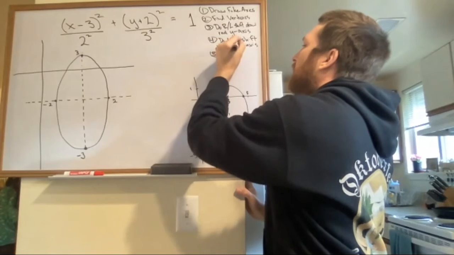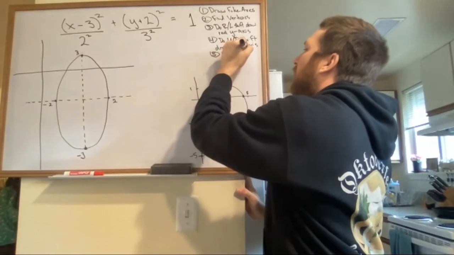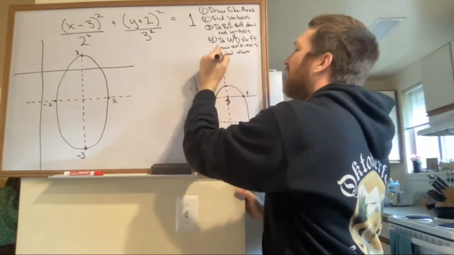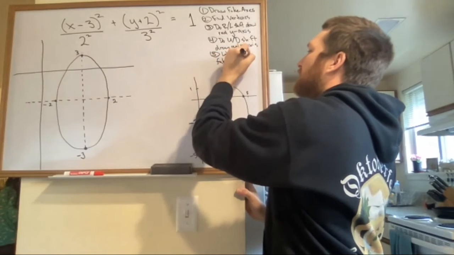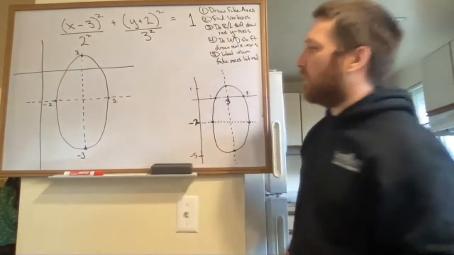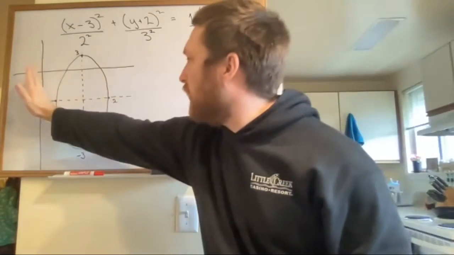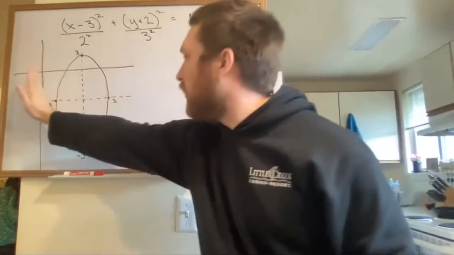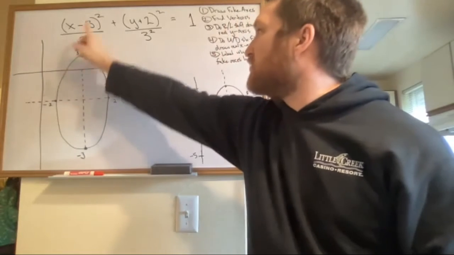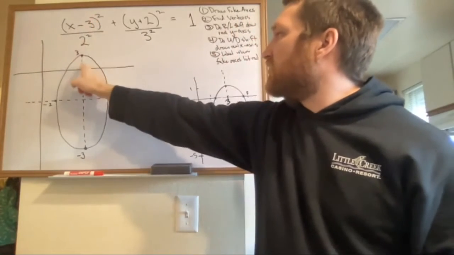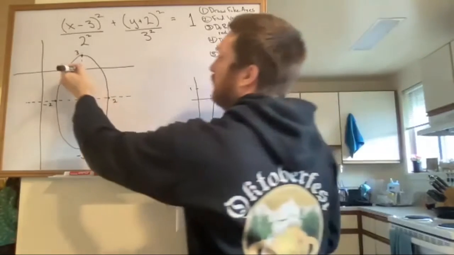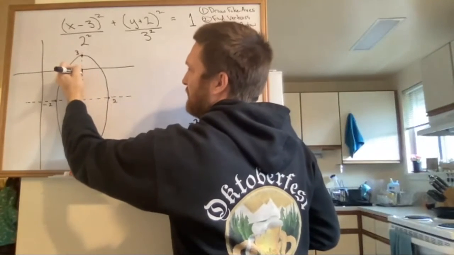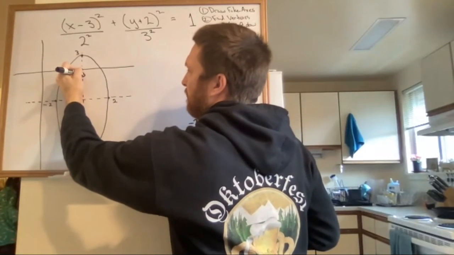Step 5, label where fake axes hit reals. So in other words, I pulled it over. I know that I pulled over 3 units to the right. And so this fake axis hits the actual x-axis at 3.